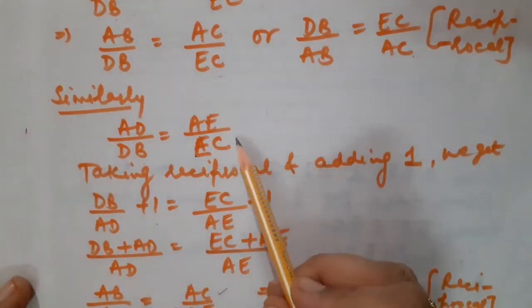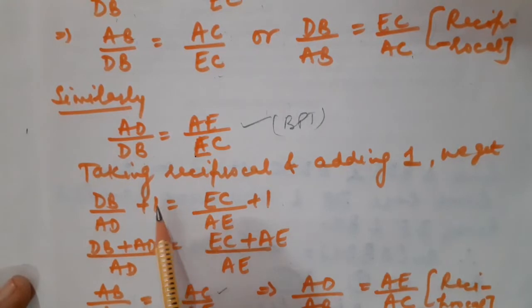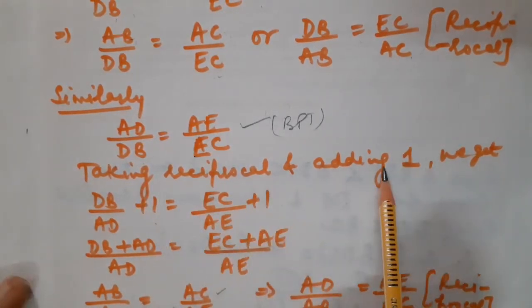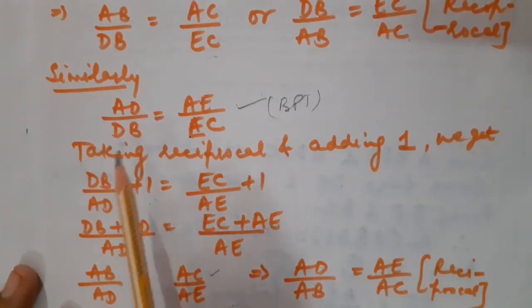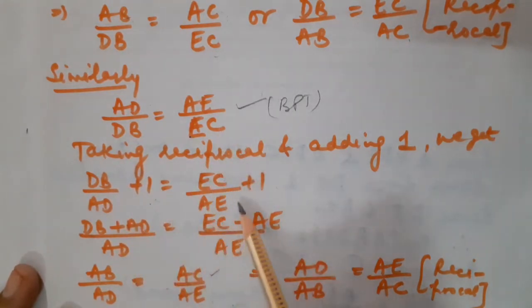Again, I am going to use the same result of BPT, the basic proportionality theorem. In this case, I am going to take the reciprocal and then add 1. As I took the reciprocal, I have got DB upon AD plus 1 is equal to EC upon AE plus 1.